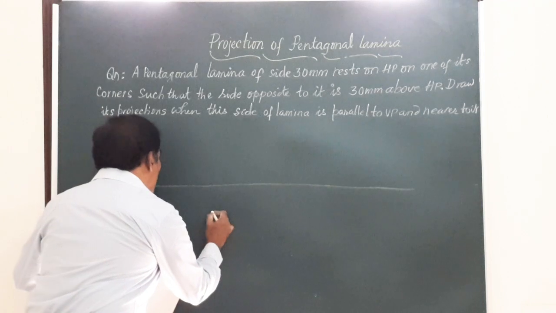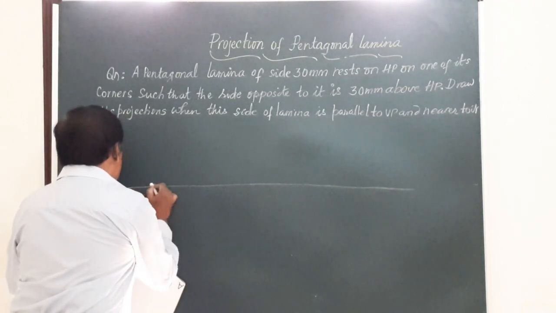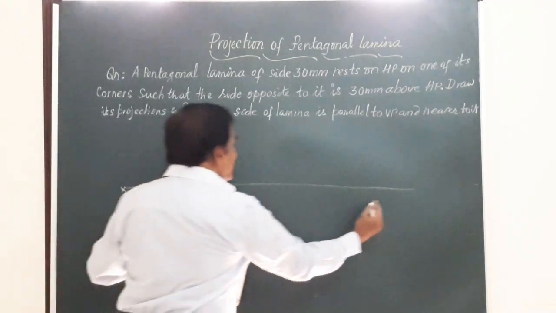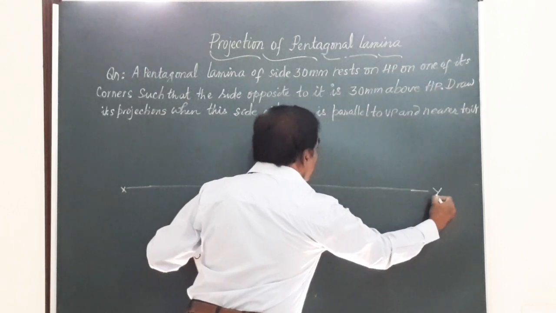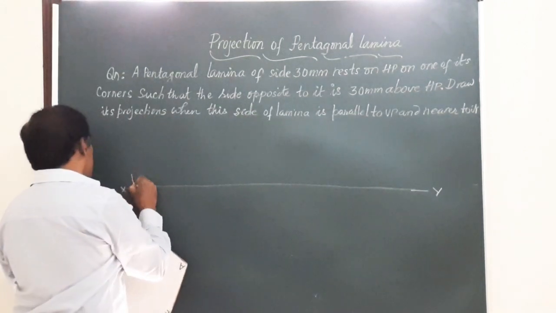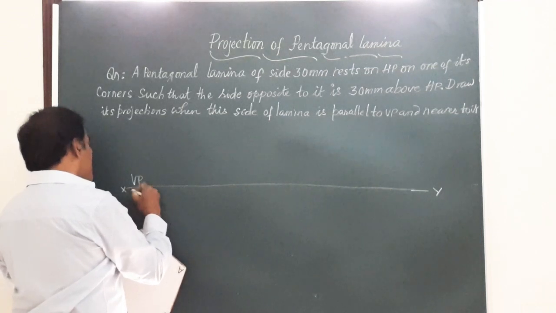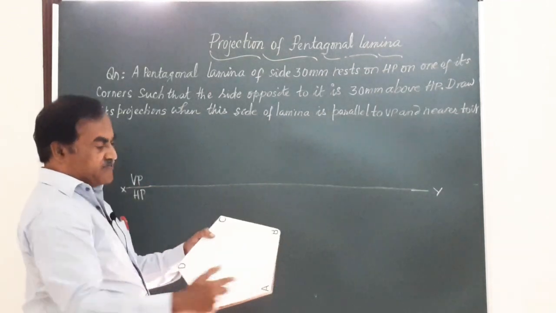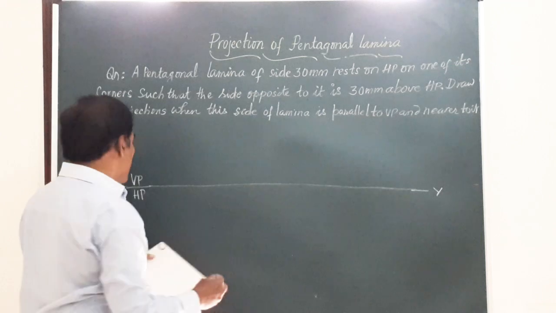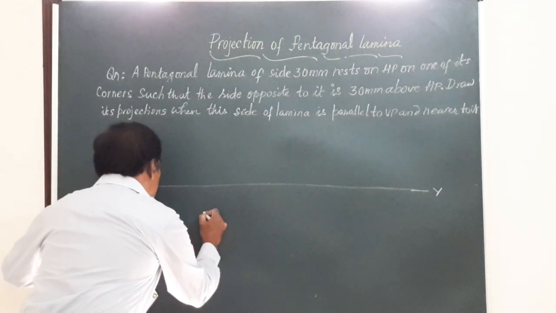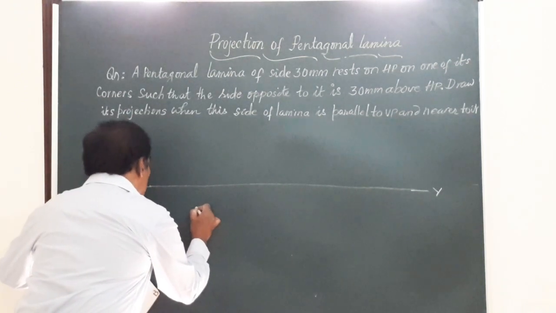So friends, I am going to construct here a regular pentagon of side 30 mm such that one of the sides, say AB, is to the right side of the observers or the corner is to the left. So I am going to construct a regular pentagon of 30 mm side here.